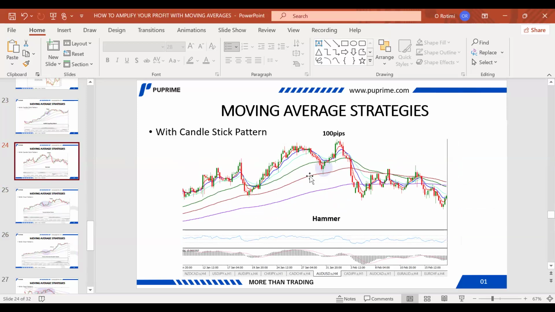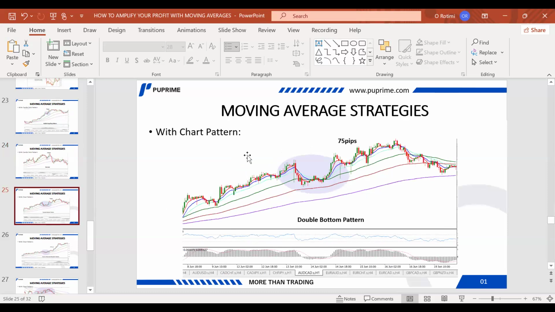From the training on candlestick, we learned that the hammer is formed when price is trending downwards, as a candle with a small body and long shadow, and the next candle must be a bullish candle. The overall trend is bullish from the moving average, and the hammer pattern being formed led to a bullish move of 100 pips. So here we've been able to combine the moving average again with a candlestick pattern.